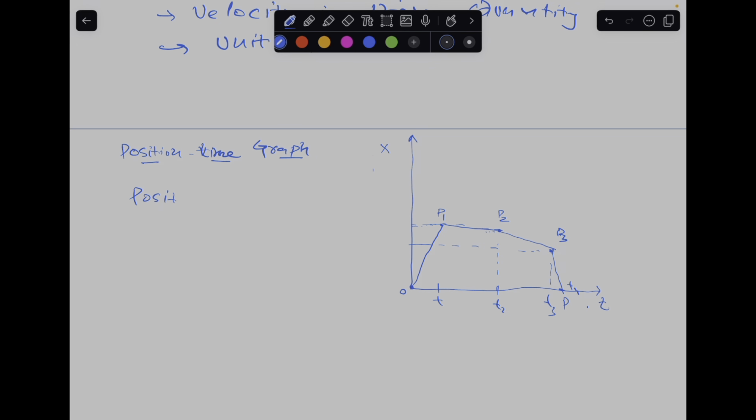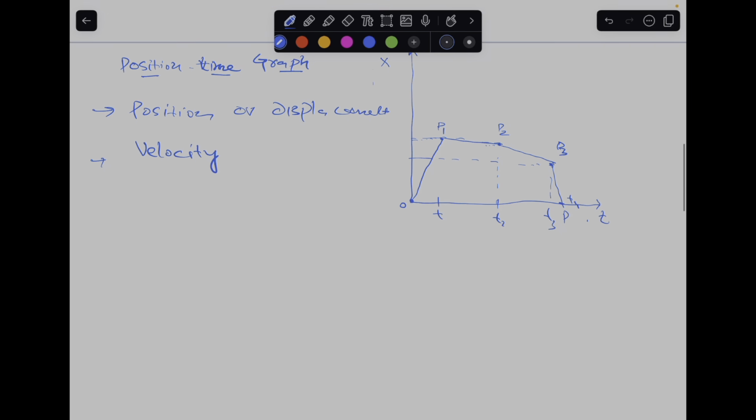So we can find the particle position or displacement using that graph, and we can also find the velocity or average velocity by using this graphical notation or a curve.